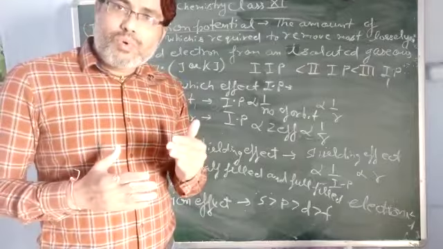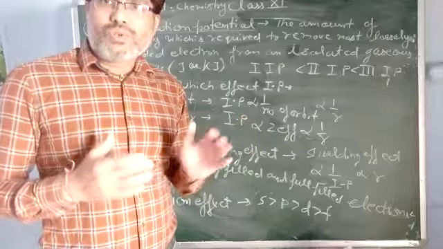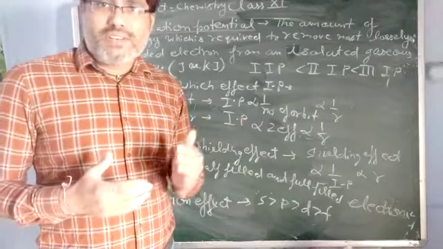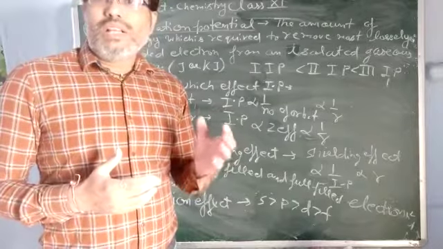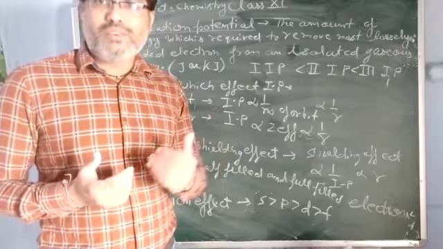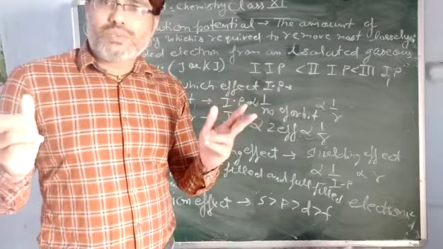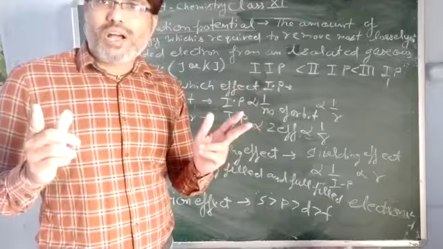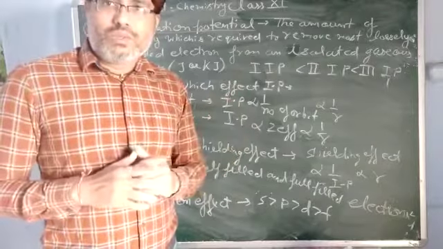So if you want to remove an electron from such atoms, you require more energy. So if an atom has a half-filled or full-filled electronic configuration, the value of the ionization potential is high. For example, the first IP of nitrogen is more than the first IP of oxygen, due to the half-filled electronic configuration, p3. Okay, so that was the example.